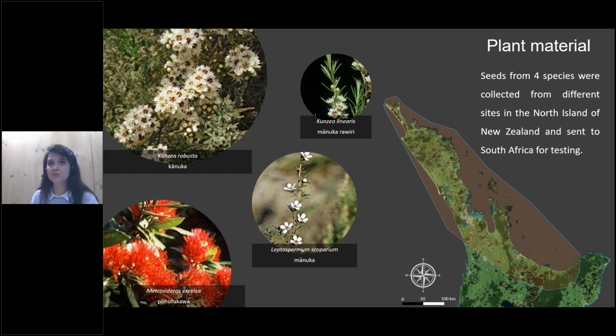The 4 species were Kunzea robusta, also known as kānuka, Kunzea linearis, mānuka rawiri, Leptospermum scoparium, mānuka, and Metrosideros excelsa, pōhutukawa.